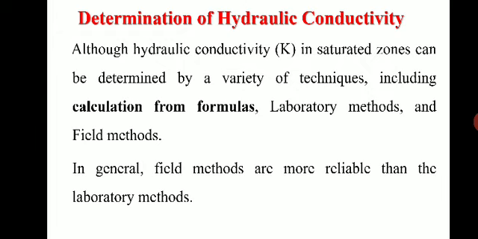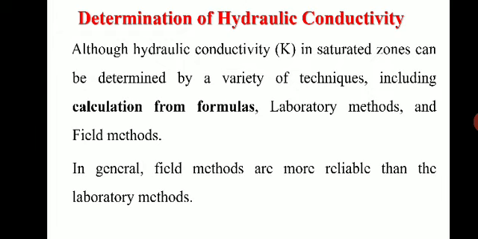So how do we determine the hydraulic conductivity of an aquifer? Although the hydraulic conductivity K is measured in a saturated zone, it can be determined by a variety of techniques, including calculations from formulas. Then there are laboratory methods, and field methods are also involved.